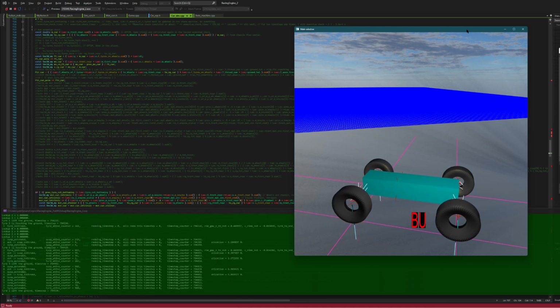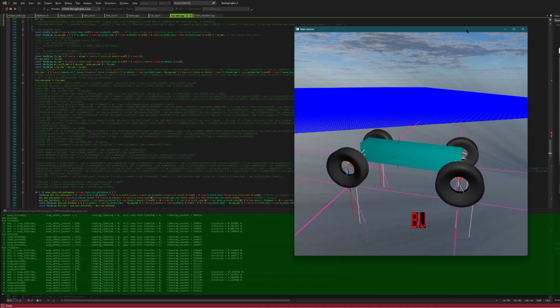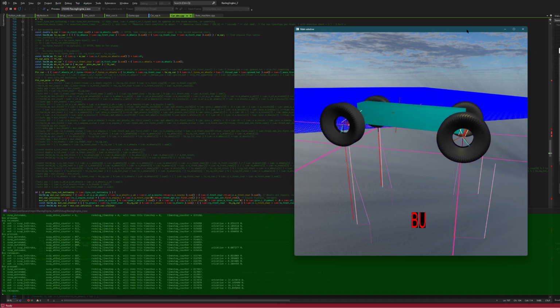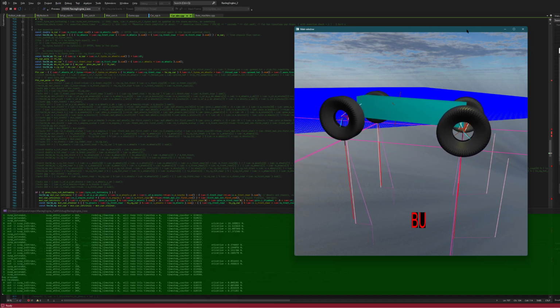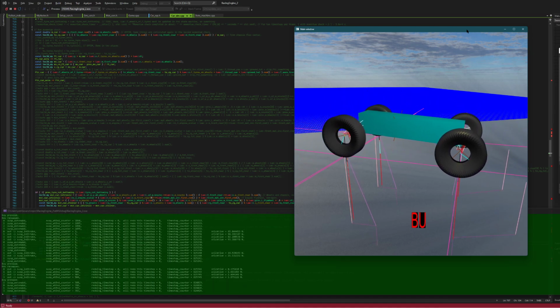So now it's at zero, almost zero angular momentum. And when I lift it up again, oops, it's still. And you can also see the inertia of the tires.